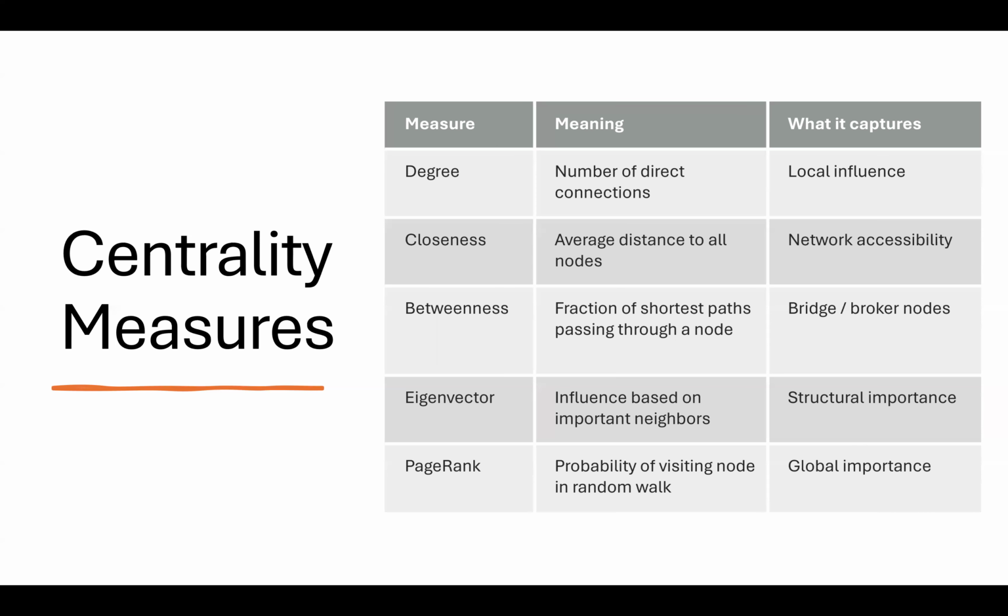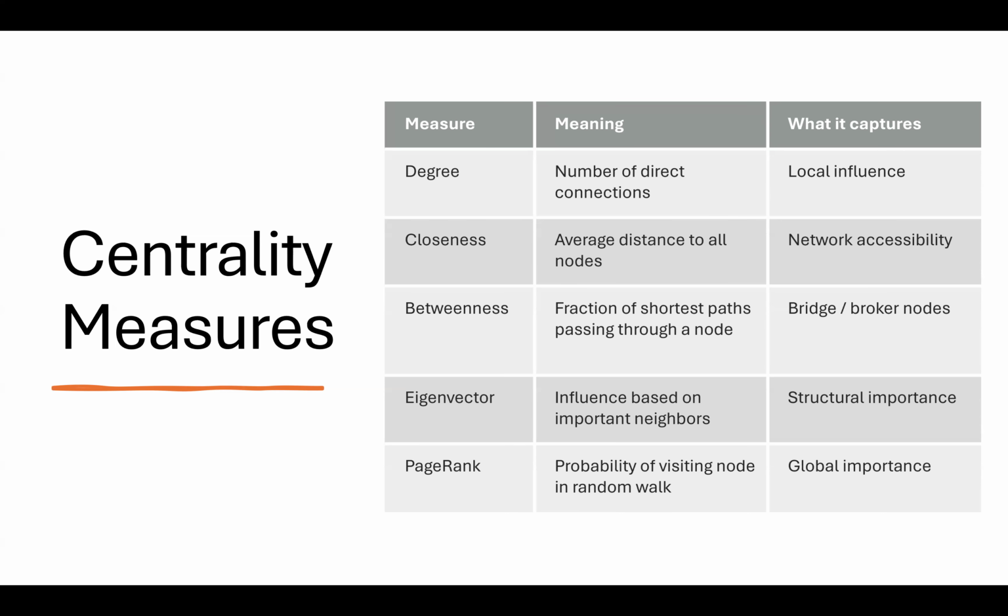So to analyze the importance of nodes in the network, I computed 5 centrality measures, as I mentioned earlier. Degree centrality measures how many direct connections a node has, and it indicates the local influence. Closeness centrality measures how close a node is to all other nodes in the network, reflecting how quickly it can reach others.